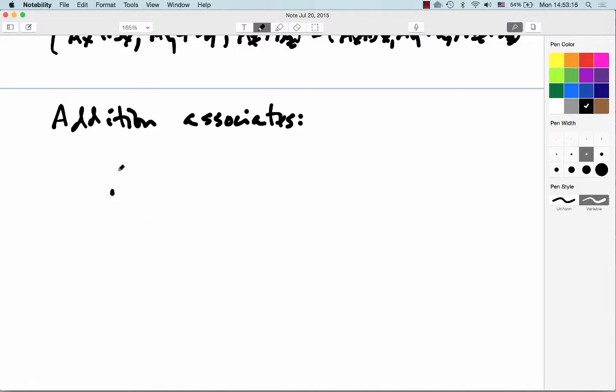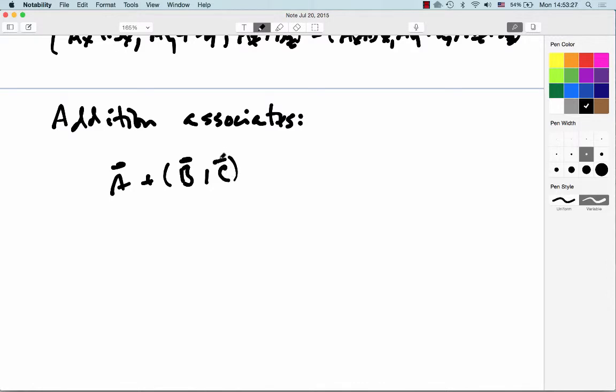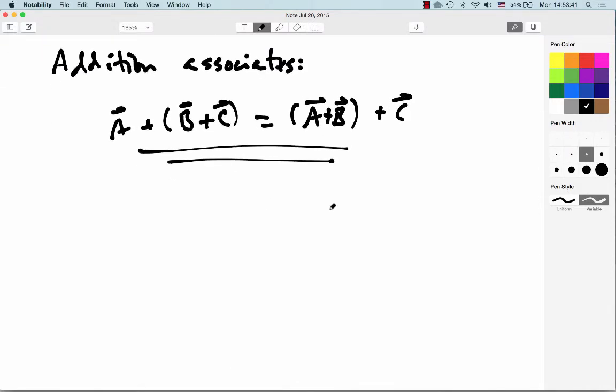So that means that A plus the quantity B plus C does indeed equal the quantity A plus B, plus C. And you prove that in the same kind of way that I just did.